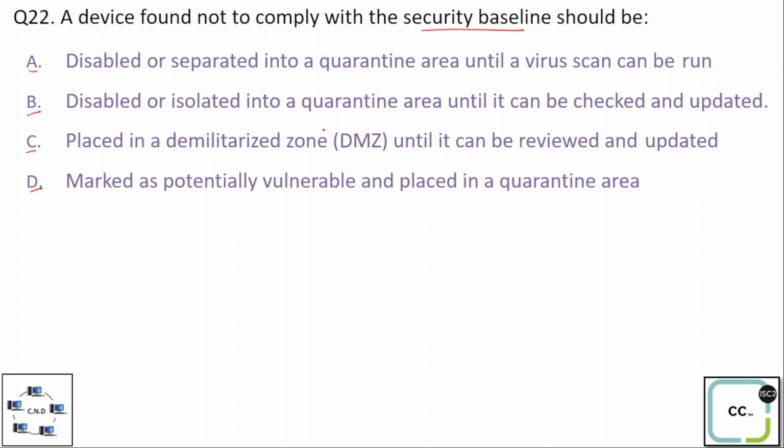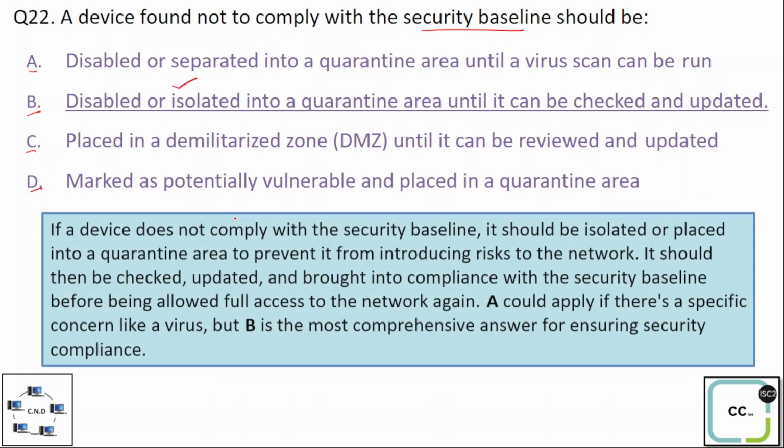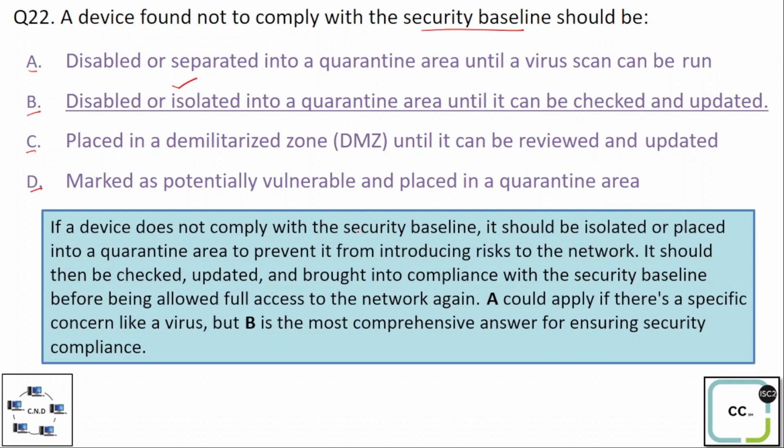And the correct option is that the device should be disabled or isolated into a quarantine area until it can be checked and updated. So if a device does not comply with the security baseline, it should be isolated or placed into a quarantine area to prevent it from introducing risks to the network.